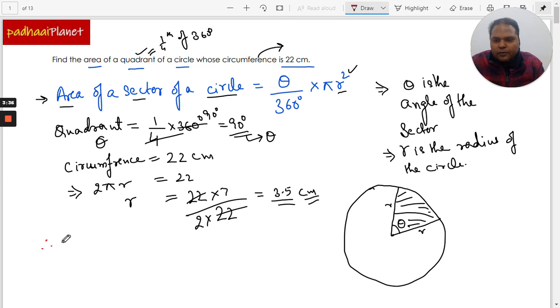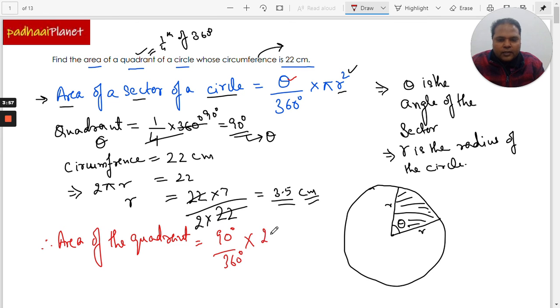Therefore the area of the quadrant is equal to 90 over 360 degrees multiplied by pi, that is 22 by 7, r square, that's multiplied by 3.5 and 3.5.